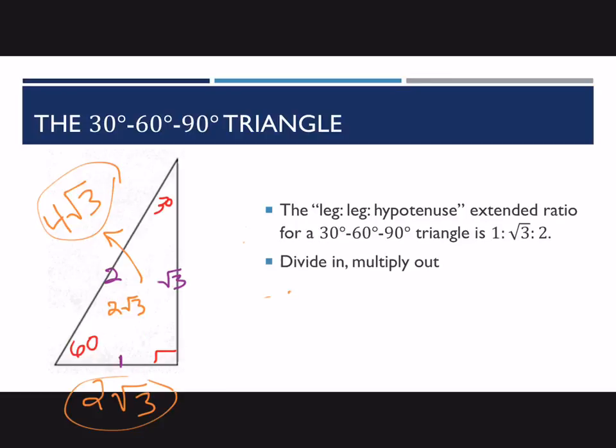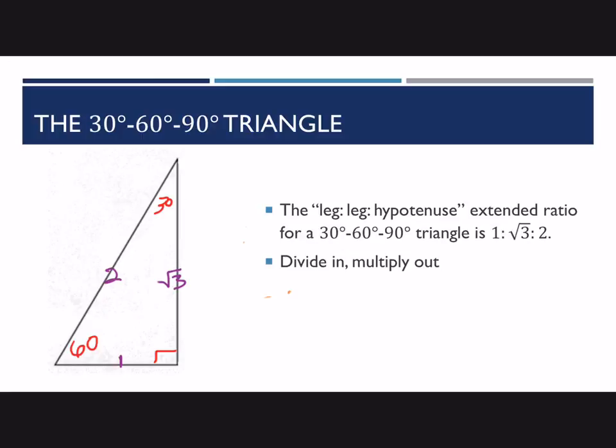All right, how about, what if we had the longer leg measuring 8? All right, so you would divide in, and you would have 8 divided by square root 3. And we usually rationalize these, so you can either do it now or at the end after you multiply out.